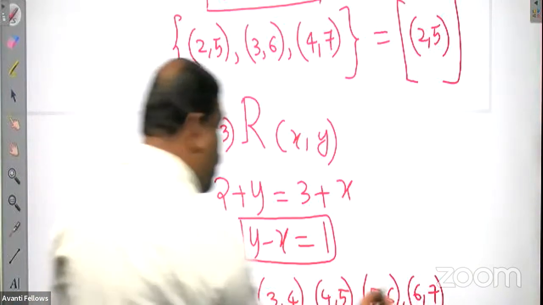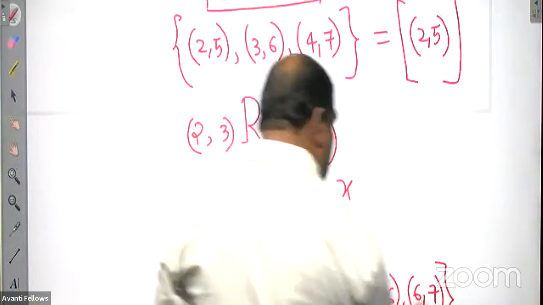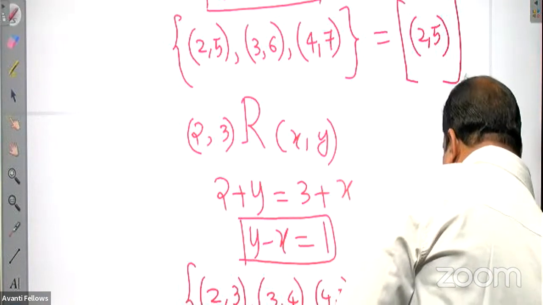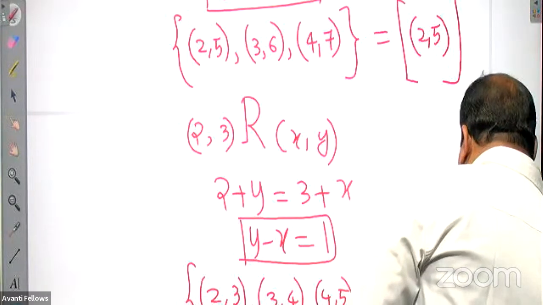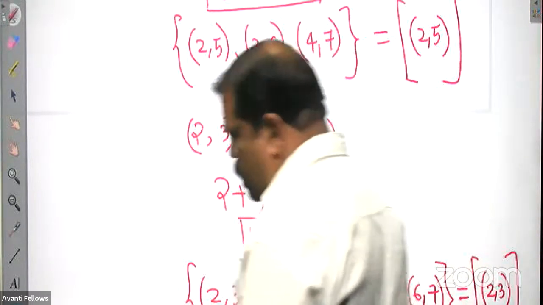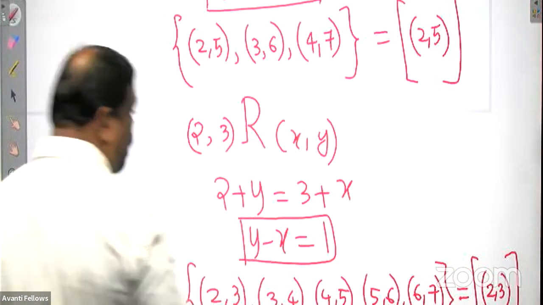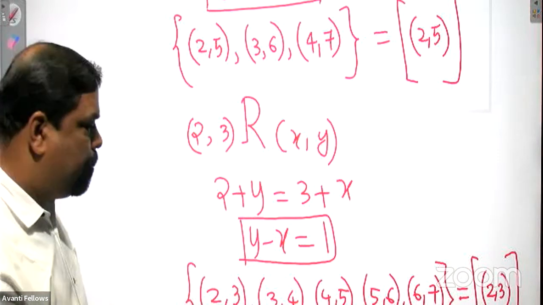So this will form another equivalence class. We denote this as the equivalence class containing (2, 3). So I think it is clear how to write the equivalence class.